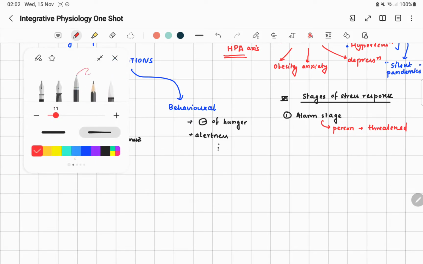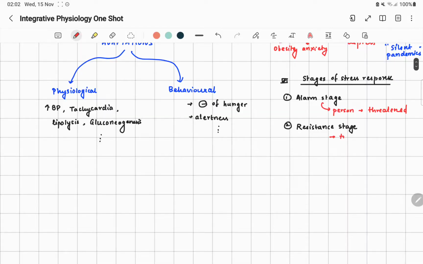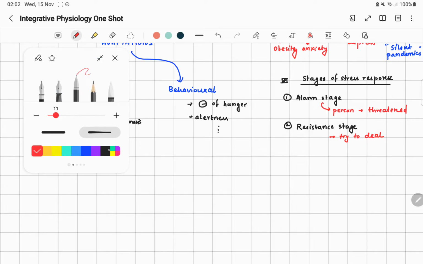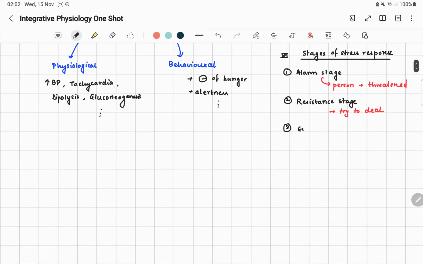The next is the resistance stage, in which the body, by activation of different mechanisms, tries to deal with stress. And the third stage is the exhaustion stage: alarm, resistance, and exhaustion.